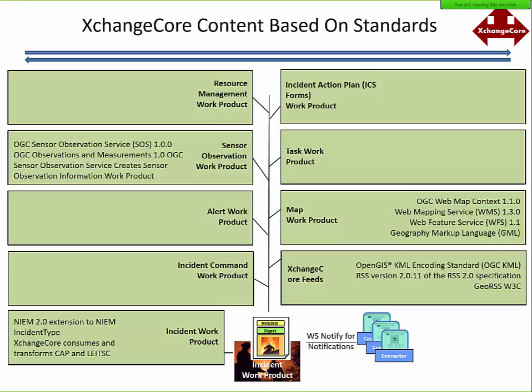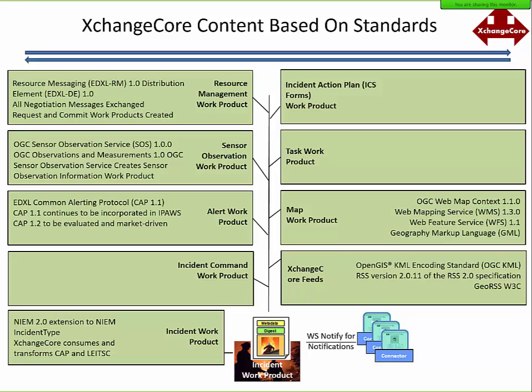The sensors as well, the Sensor Observation Service, people know how to get the information from XchangeCore using that Open Geospatial Consortium set of standards. That's what makes this not only possible, but readily doable by the industry out there because we're based on standards.